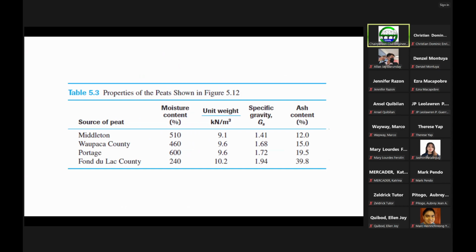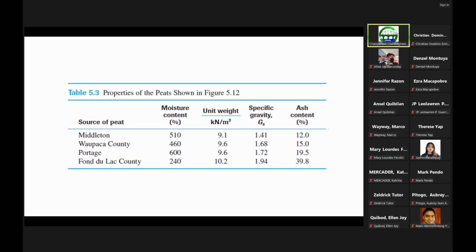Now just to have some idea of the moisture contents, the unit weights, and the specific gravities of these peats. You can see here that the moisture content for all the peats, or generally for peat materials, is higher than 100%, which means that for peat materials, water is occupying more than the solid materials. The unit weights are generally lower.